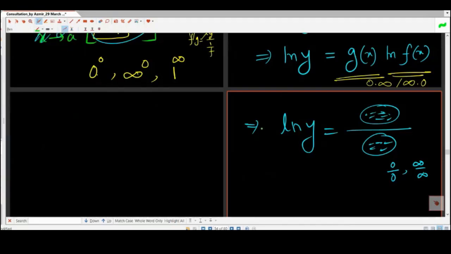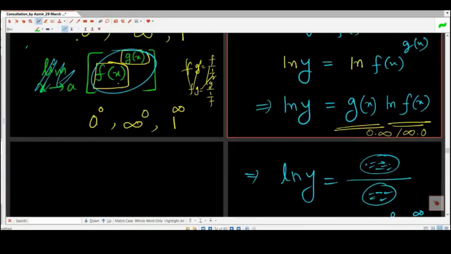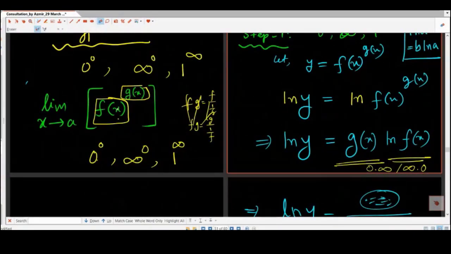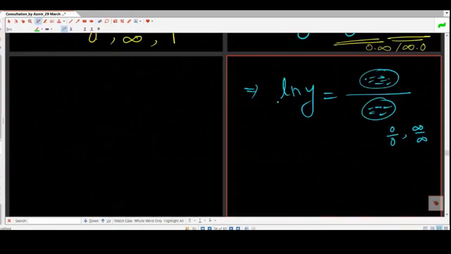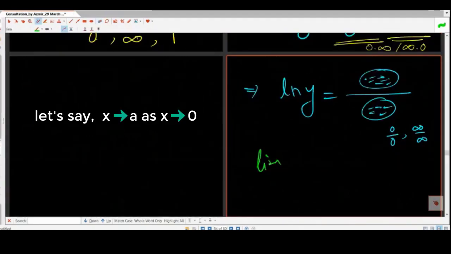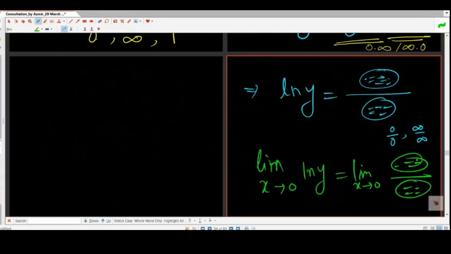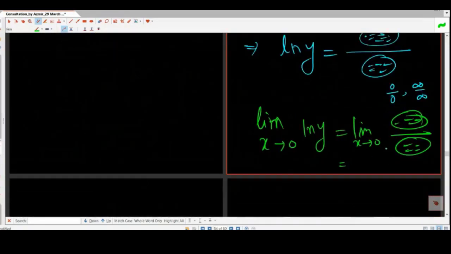Now we can take this limit. That means limit x tends to a of f of x power g of x. So if we take limit x tends to 0 of natural log of y, we have f of x over g of x form. So finally, we can apply L'Hopital's rule and we will get the result.